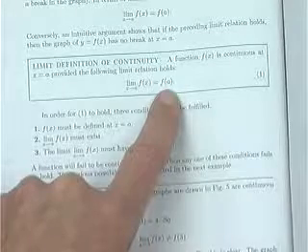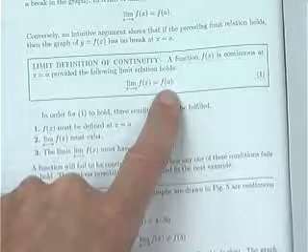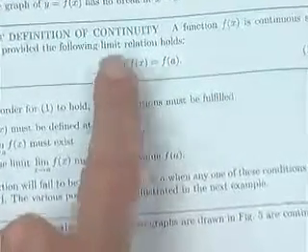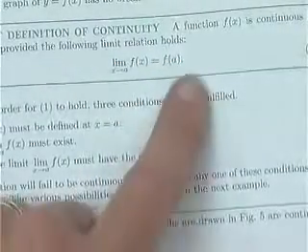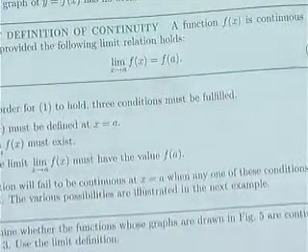And I always do this backwards, because if you don't have a y value, why are you going to knock yourself out doing a limit? So I always find the y value first to make sure there's a point. Then I find the limit, and if those two match, we're happy, it's continuous. If they don't match, we quickly say does not exist.